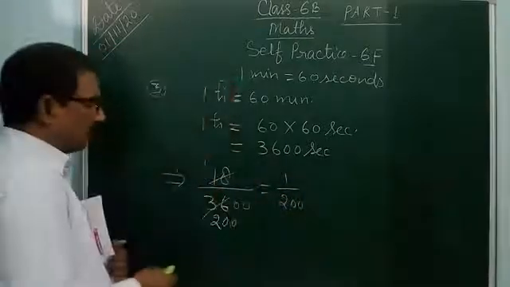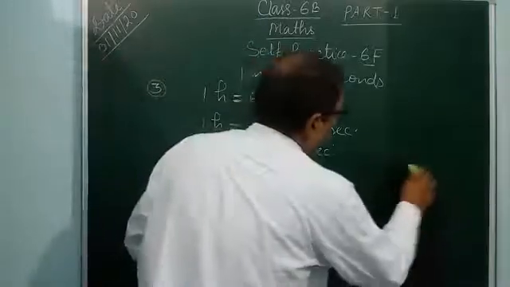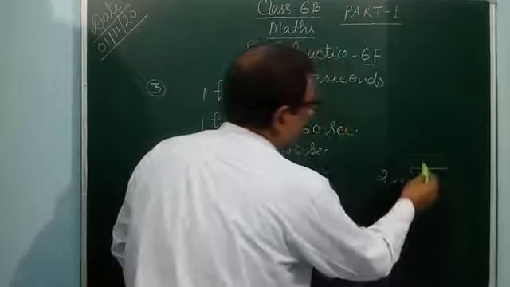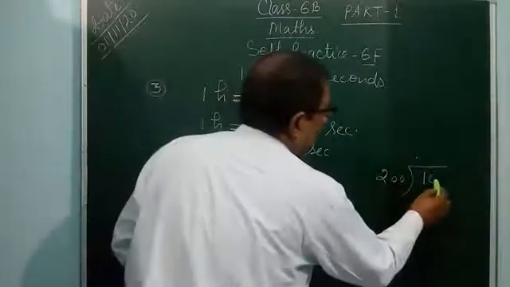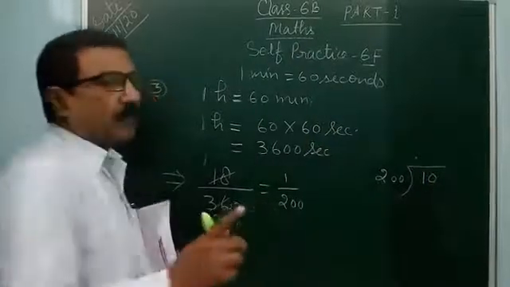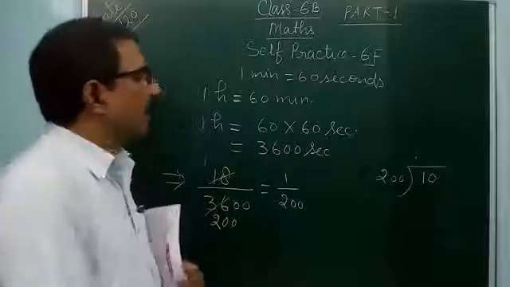Also you can change 1 by 200 into decimal. How? You divide 1 by 200. You put the decimal and add one 0. But if you put the decimal, you add one 0 only one time here.